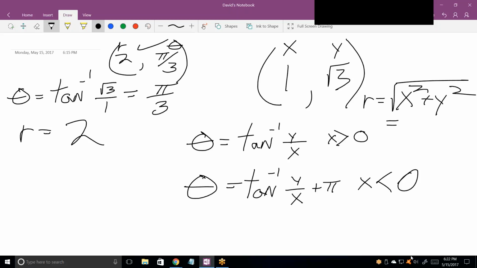So r is definitely 2, but it could be negative 2 because it's plus or minus when you take the square root of both sides when you solve an equation. So I could have a negative 2 r, but then if I have a negative 2 r, I've got to make theta 4 pi over 3.